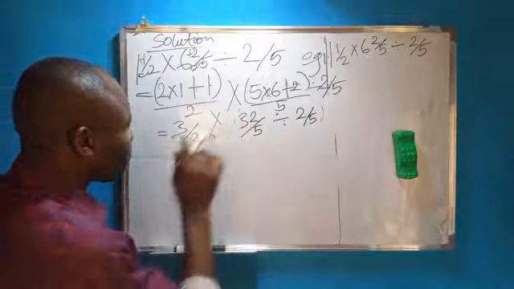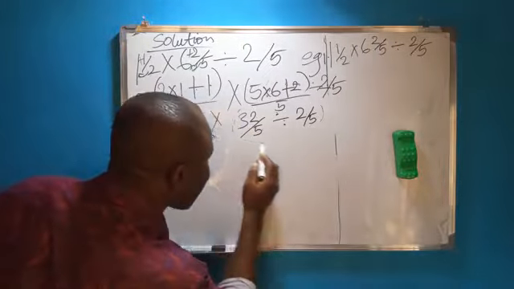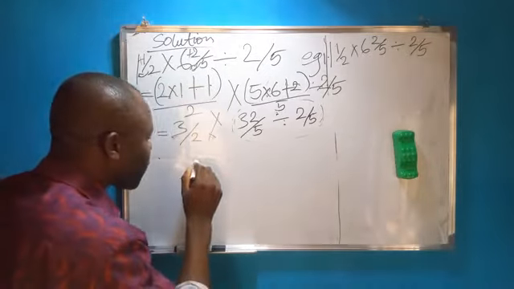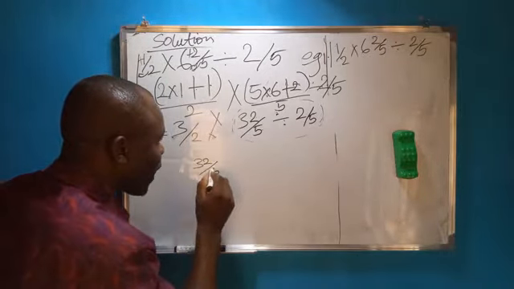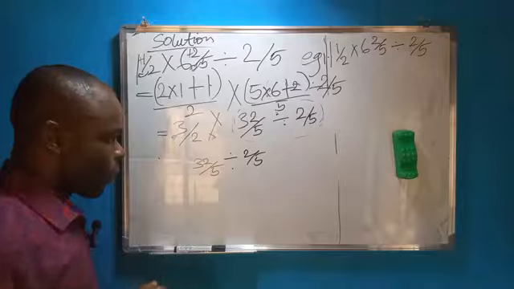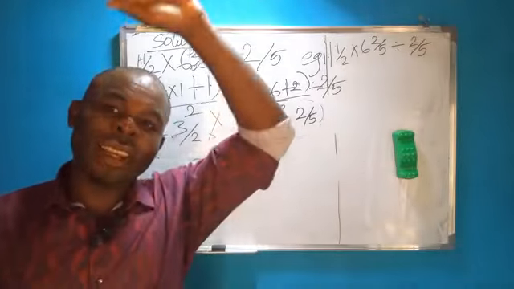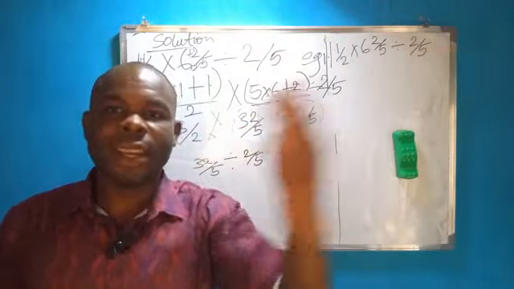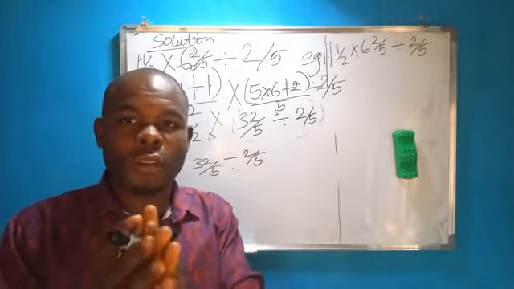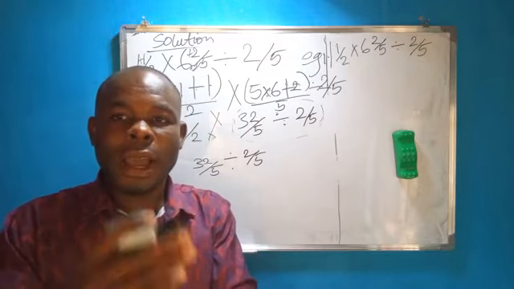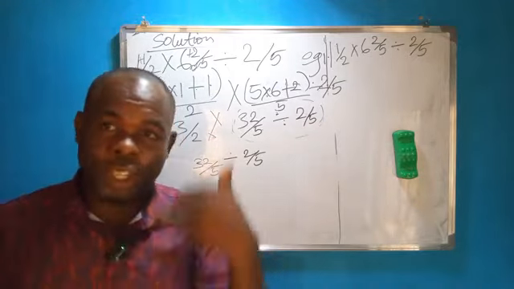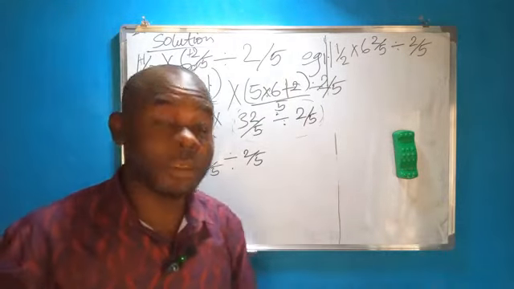Okay, now bring this out first. Let this come first, so that we have 32 over 5 divided by 2 over 5. Now, remember our initial lecture, our initial class, when we did operations of fractions, where we had addition, subtraction, multiplication, and division.